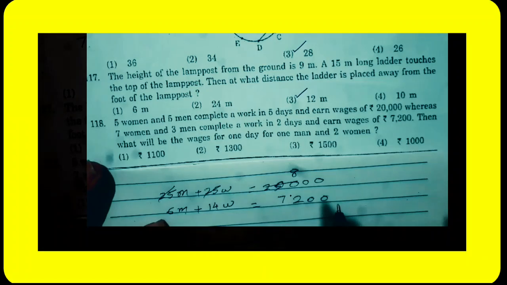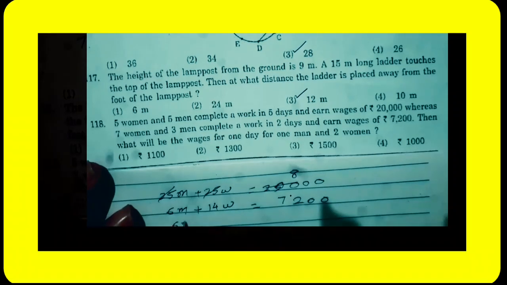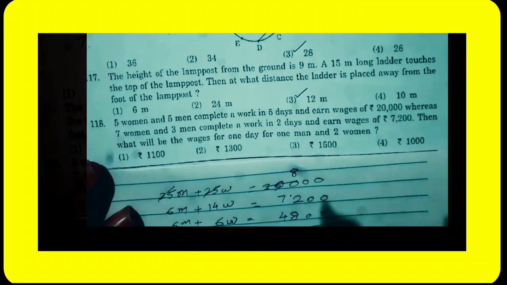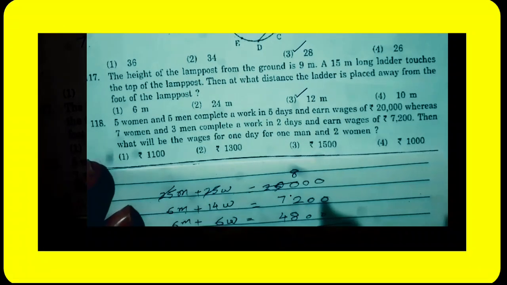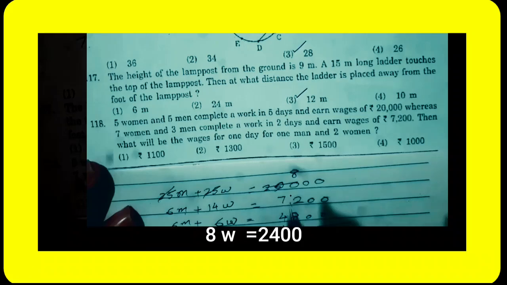Now multiply this by 6. 6m plus 6w is equal to 6 times 8 is 48. M is cancel. This added women 0 0. 12 minus 8 is 4. 7 minus 5 is 2.